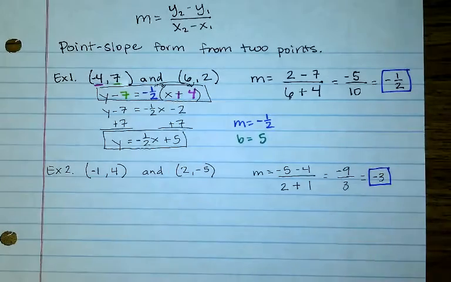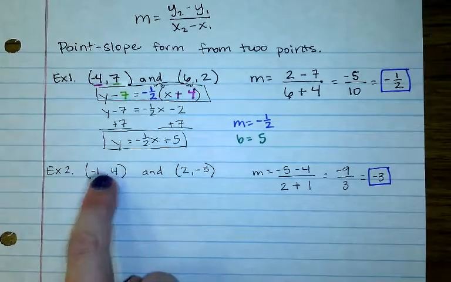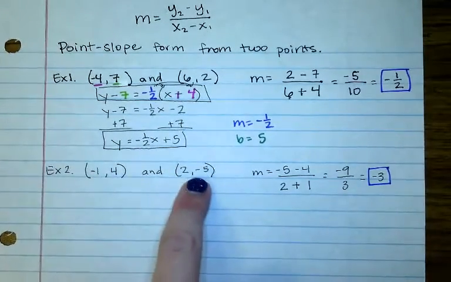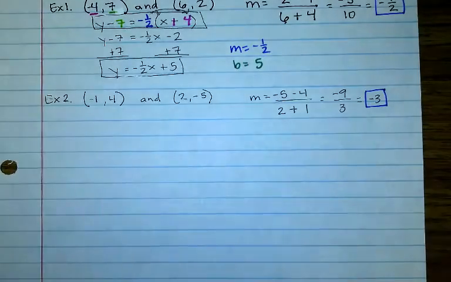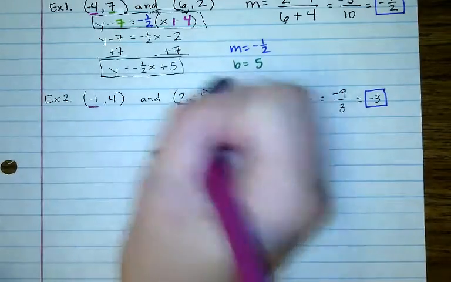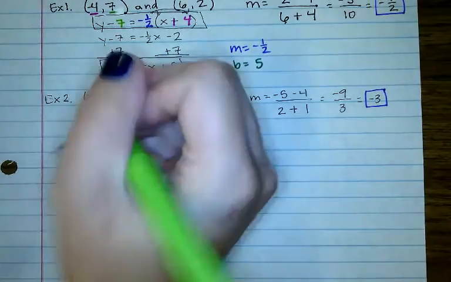Okay? So I want you guys to talk to your neighbor. You guys will both decide on different points to plug in, okay? Or the person behind you. And I want you guys to practice plugging these into your equation.